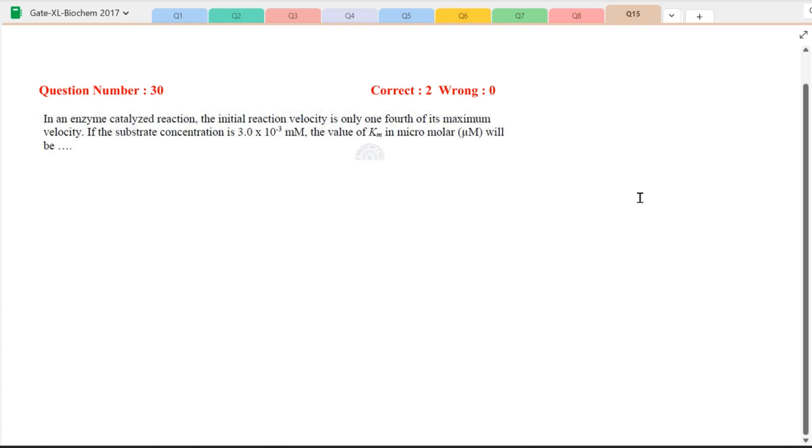In an enzyme catalyzed reaction, the initial reaction velocity is only 1/4 of its maximum velocity. If the substrate concentration is 3 into 10 power minus 3 millimolar, the value of Km in micromolar will be what?